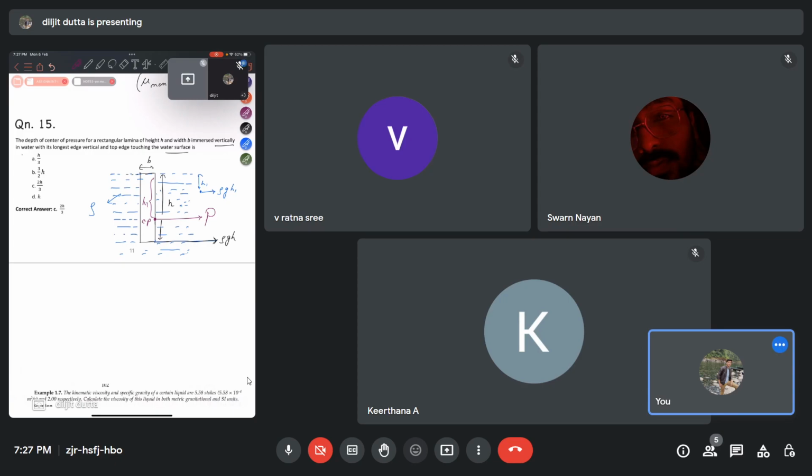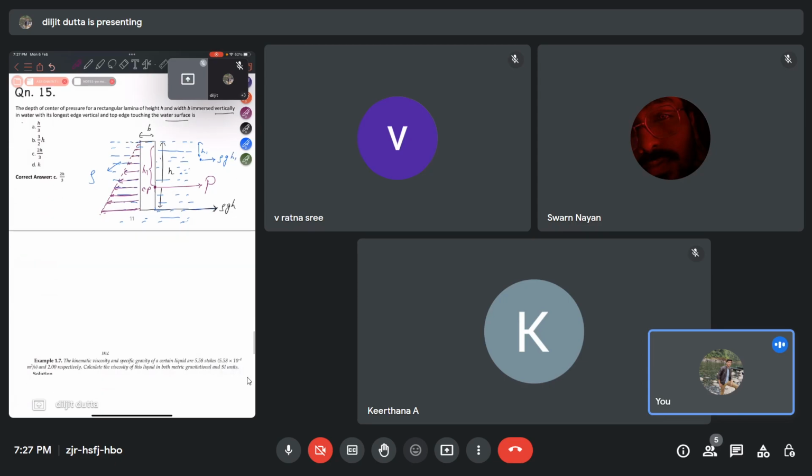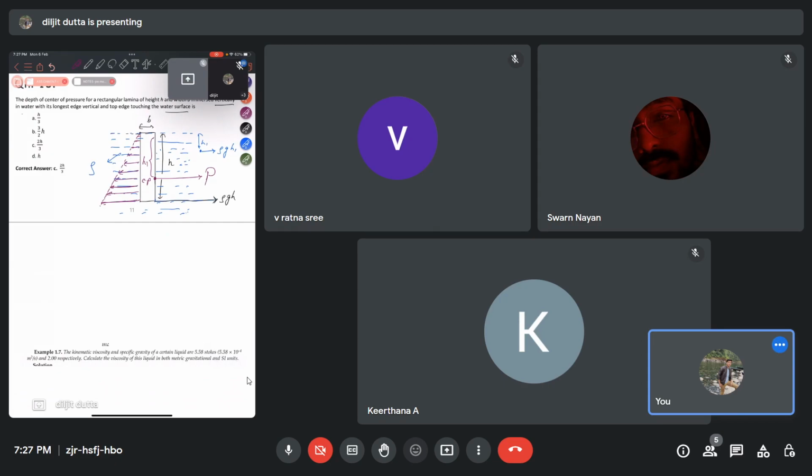So the pressure distribution is given like this. At this surface P is equal to 0, and here P is equal to rho g h.